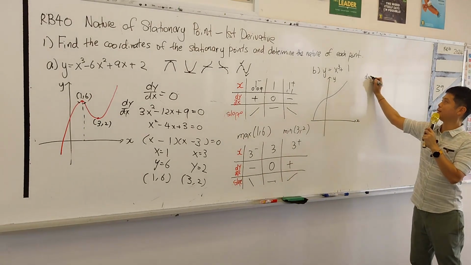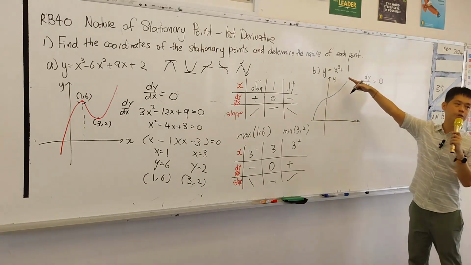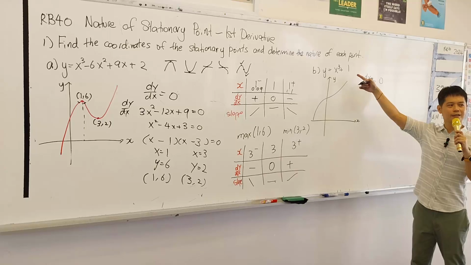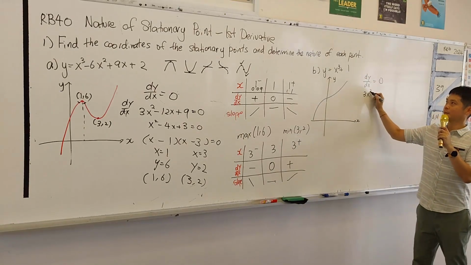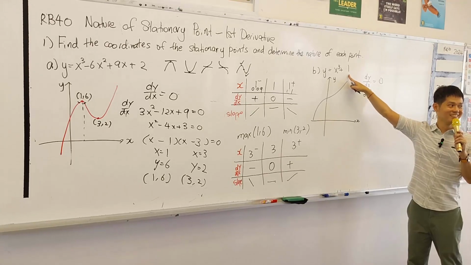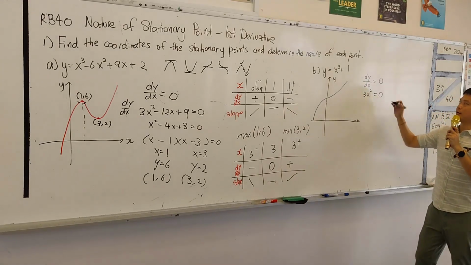Okay, so let's try. First thing is find dy dx equals to 0, right? That's the first job. So dy dx equals to 0, very simple. What is the answer? Please tell me. Yes. 3x squared plus nothing, because when you differentiate a constant, it becomes nothing, 0. So this one equals to 0.